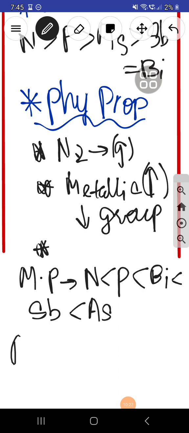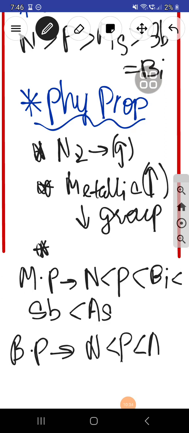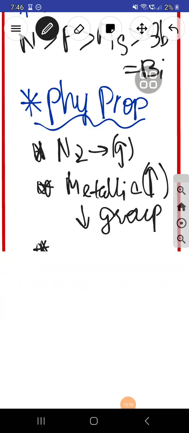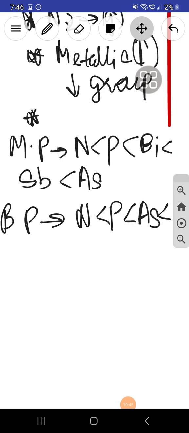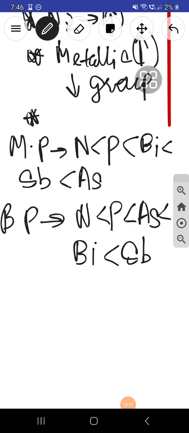Then in boiling point we can write nitrogen, phosphorus, arsenic, bismuth and antimony. So these are its orders. Then one important thing given inside the NCERT is that all elements except nitrogen show allotropy. That is, nitrogen does not form allotropes.